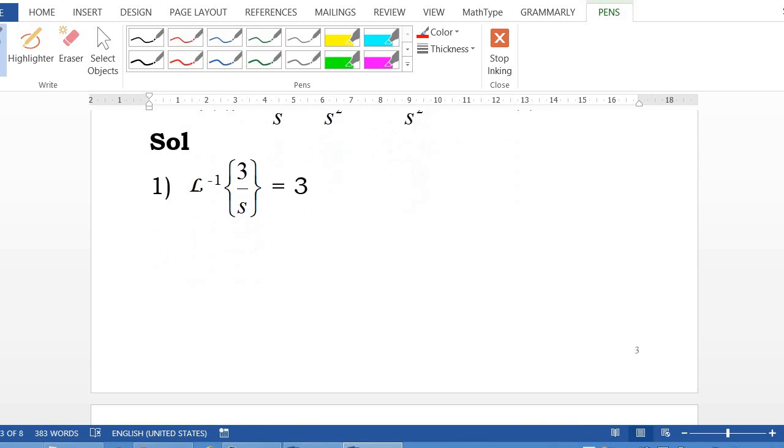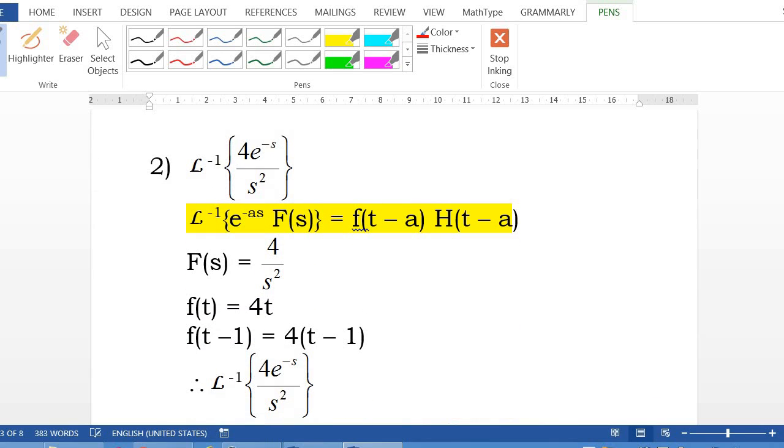For the second and third terms, you need to apply the second shift property, because you have the form e^(−as)F(s). The inverse Laplace result is f(t − a)H(t − a). So you compare here. F(s) will be 4/s², and f(t) is the inverse Laplace of 4/s².